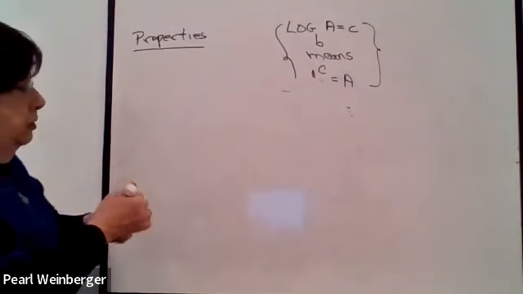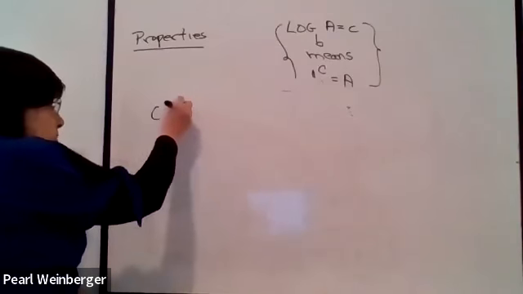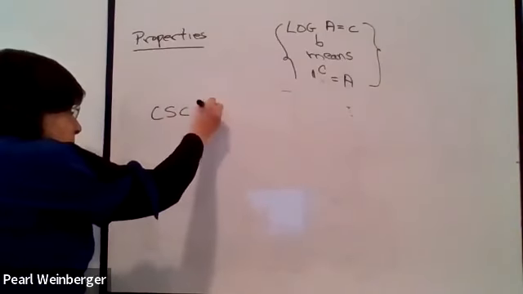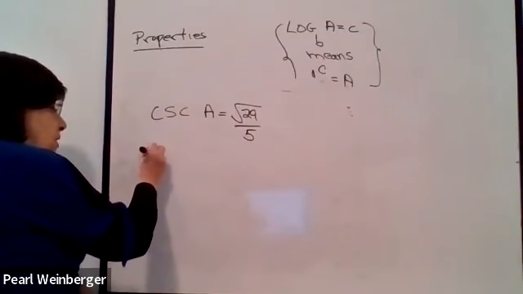What do you have? So it says cosecant A equals square root 29 over 5, and they want you to find tangent A?